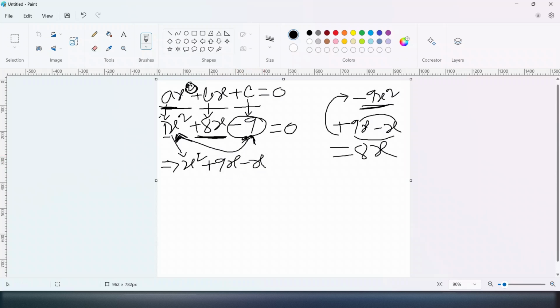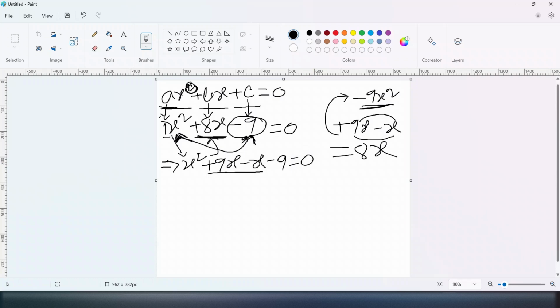So you rewrote 8x as plus 9x minus x, these two terms. So if you add and subtract these two terms, you will get back 8x, right? And then you have 9x on here, just write negative 9 equals to 0, right? So you have 9 over here.